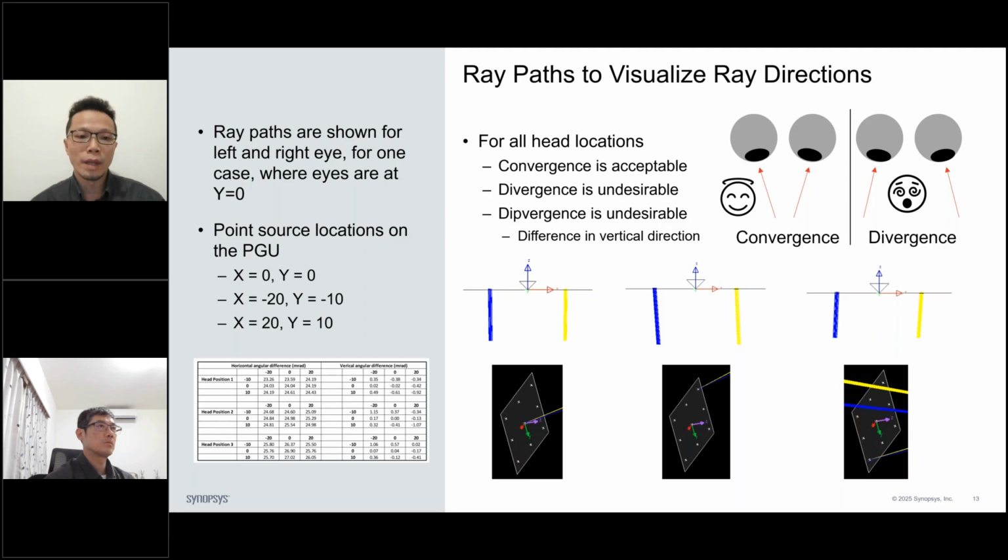Then we can calculate the angle to know the horizontal angular difference and the vertical angular difference. The result will be shown as a table. So that is how the HUD system helps you calculate this result. You can use this method to analyze the intensity result.